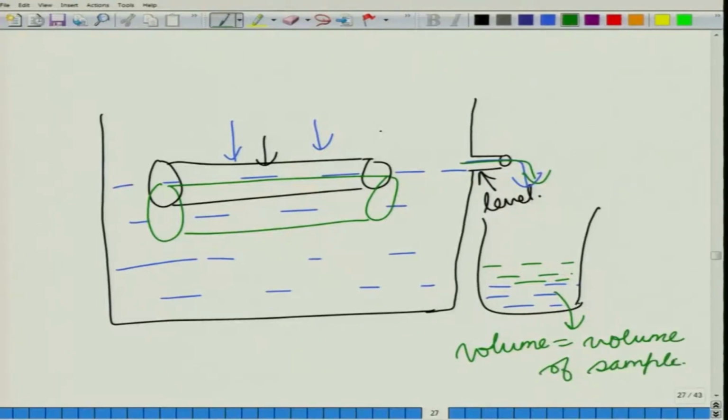So, in this way you can compute the mass or the weight of the sample and the volume of the sample at the same time. So, this instrument is called a xylometer.